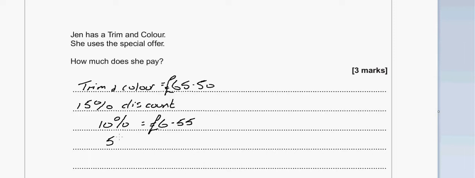Now a 5% discount, well, if this is 10%, 5% must be half of this. So this must be £3.275, so that would be 27.5p. So I would say that near as damn it, this is £3.28. Okay, because we can't have 27.5p. So whichever way you round it, I'm sure that they'll be quite happy with that.